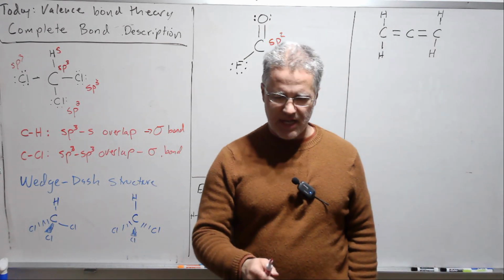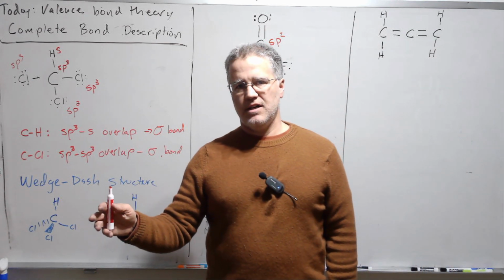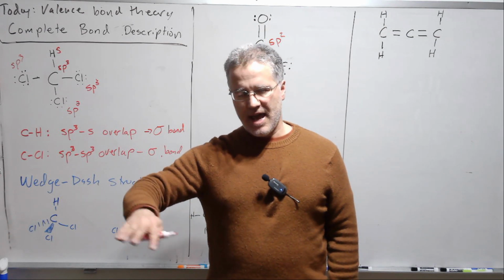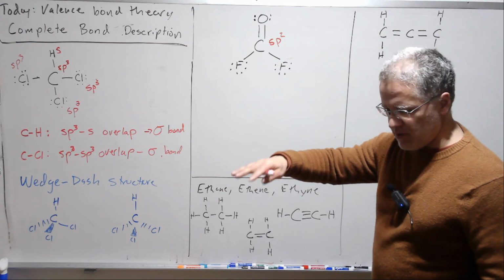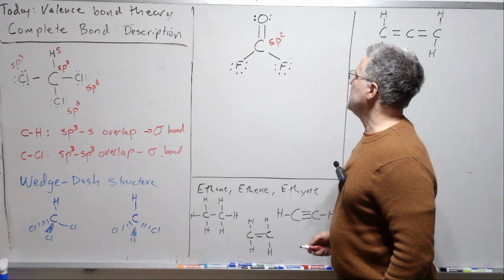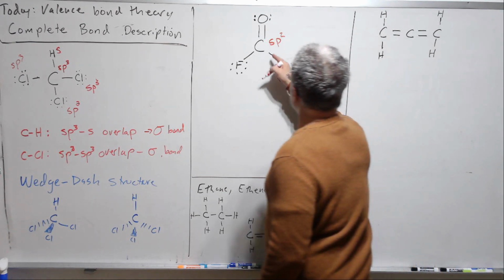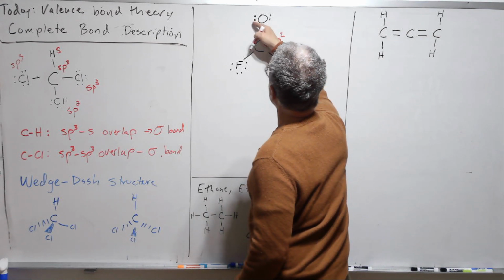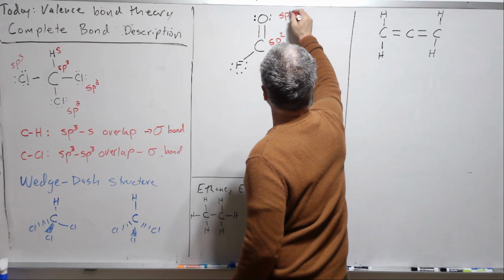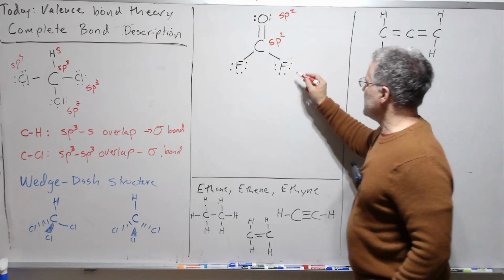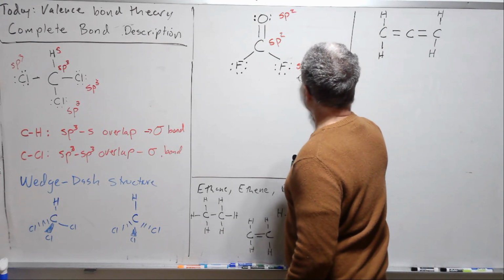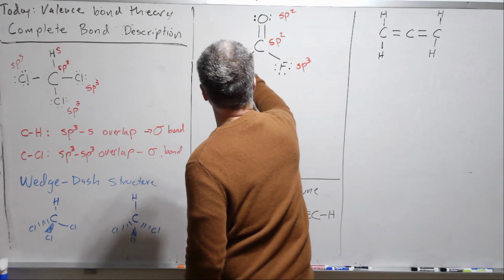So sp2 hybridized means trigonal planar around that atom, whatever's hybridized that way. And trigonal planar around a particular atom means sp2 hybridized. So sp2 here, 3 sources of electron density here, sp2. 4 sources of electron density here, sp3, sp3.